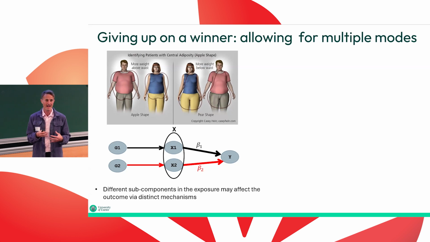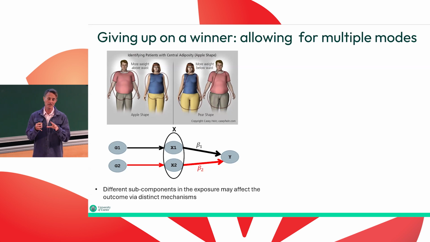So you could have body fat in your extremities, around your legs, say, or you could have it around your central organs. And having central obesity is far worse for your health. And it's typically more men that have central obesity and women that have obesity in their extremities. And so it's absolutely the case that those 2 types of body fat in different locations in the body actually have different causal effects on downstream outcomes like systolic blood pressure.